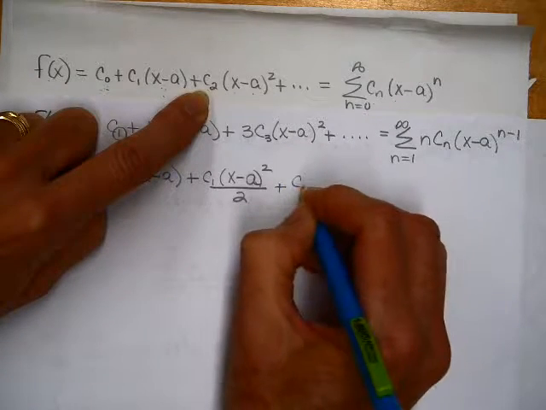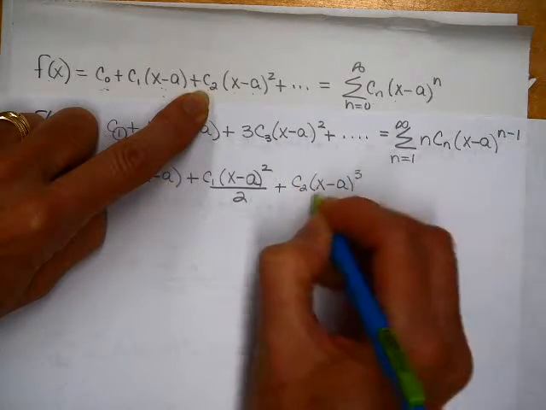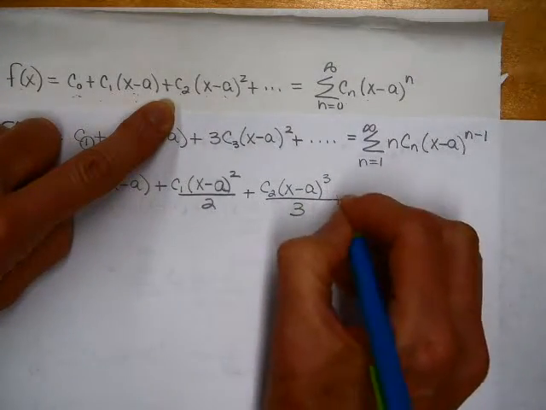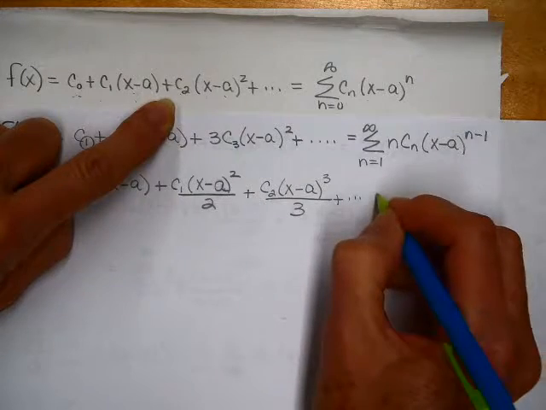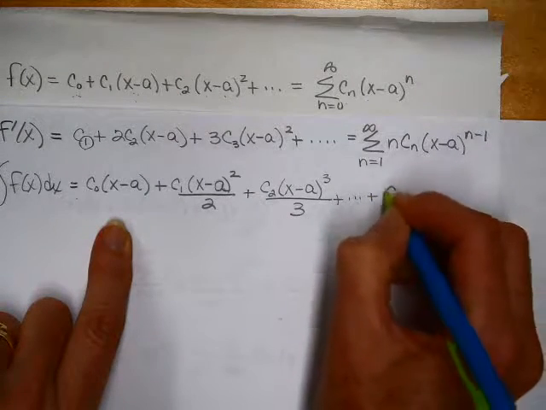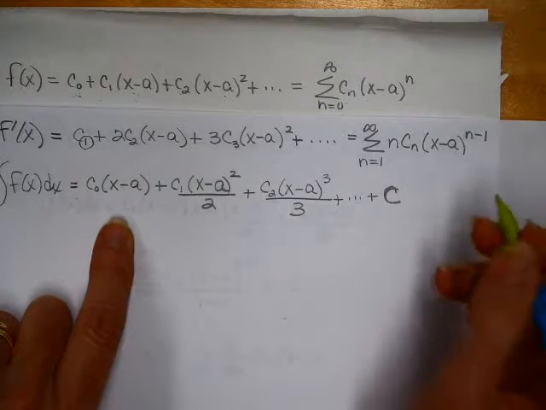Plus, integrate this, c sub 2 times x minus a to the third over 3. Plus, somewhere around here, I've got to have plus a constant c. When you integrate, you always get your constant c.